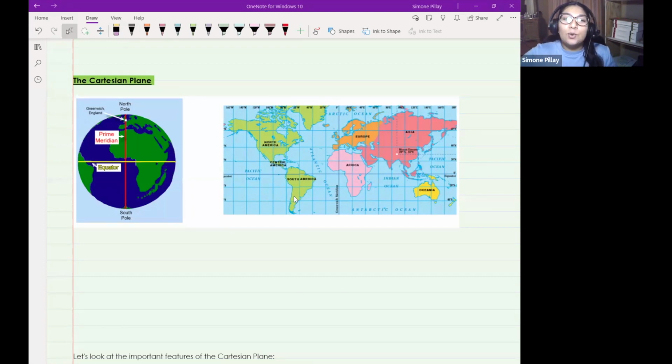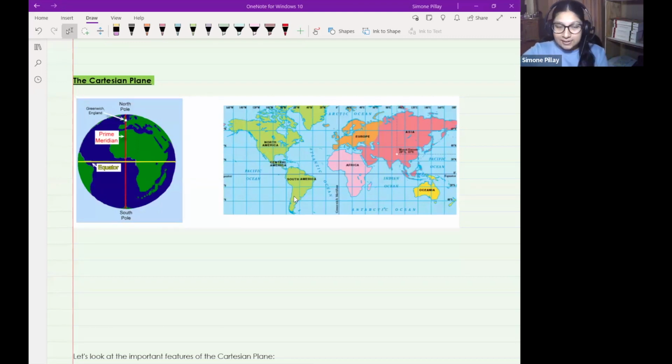I'm sure you all have learned in geography about our equators, how they divide our Earth into halves. So we have the equator and we have the prime meridian, or I know some people call it Greenwich meridian. So I'm sure you guys know that. If you don't, you should, because I know you guys learned that in geography.